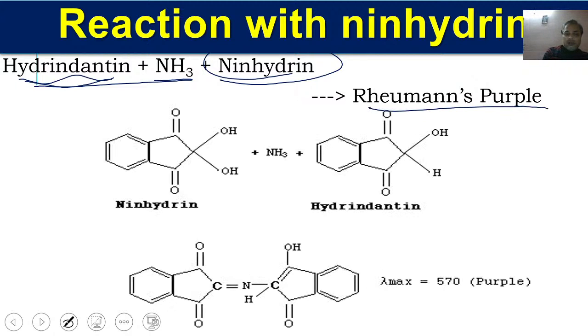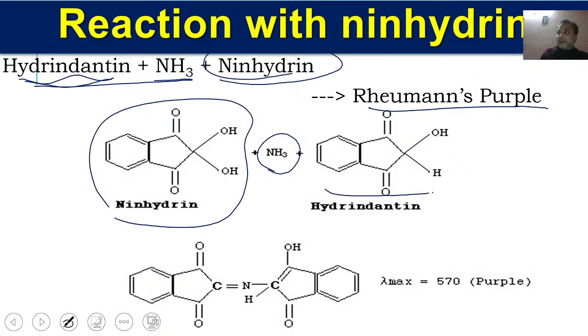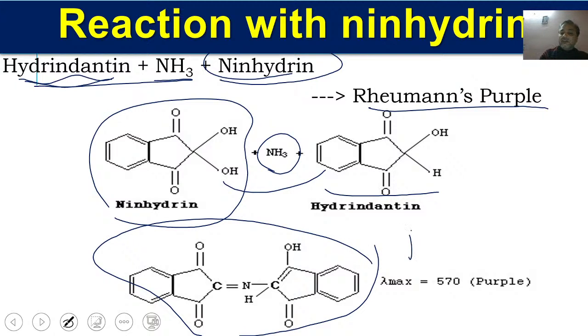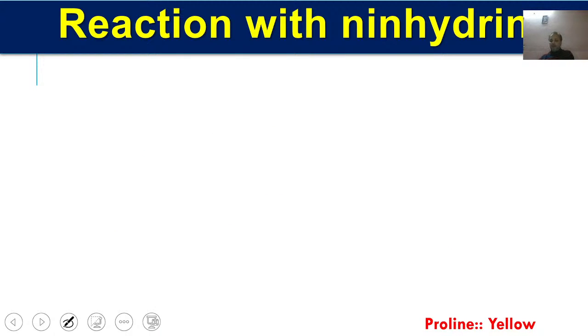So here, fresh ninhydrin, and from the previous reaction ammonia and hydrindantin, ultimately these three react and give you this compound. This is called Ruhemann's purple. Normally its color will be purple, otherwise it varies according to the intensity of the amino acids.